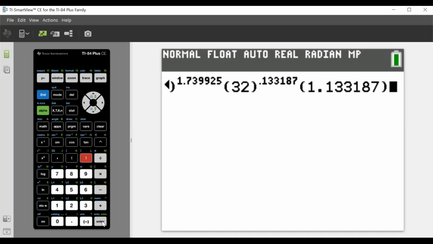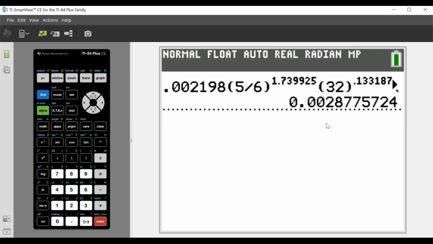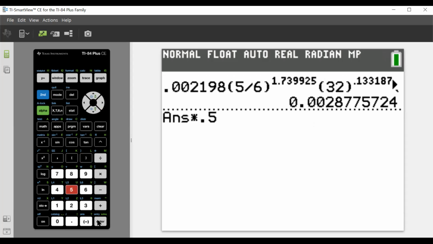And so this should give us the value now. Oh yeah, I forgot to times 1/2, then times 1/2.